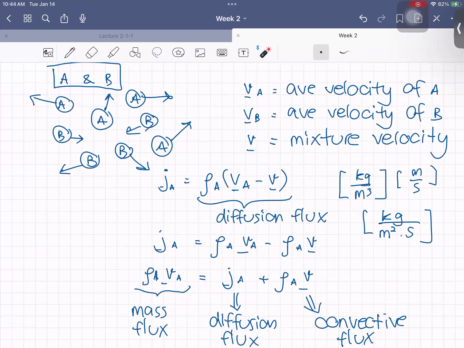That includes molecular or diffusion and also the convective term, which is equivalent to this term right here. Okay. So in the previous equation, I'm going to substitute both of these terms so that there will be two different terms of diffusion and convective flux. All right.